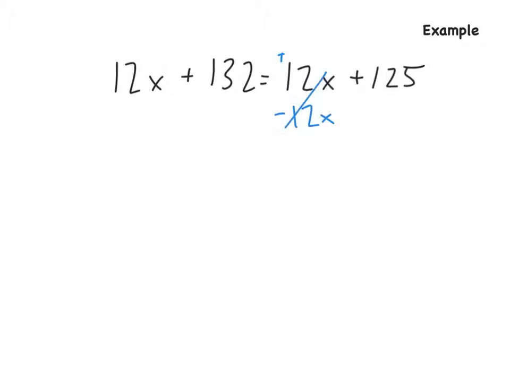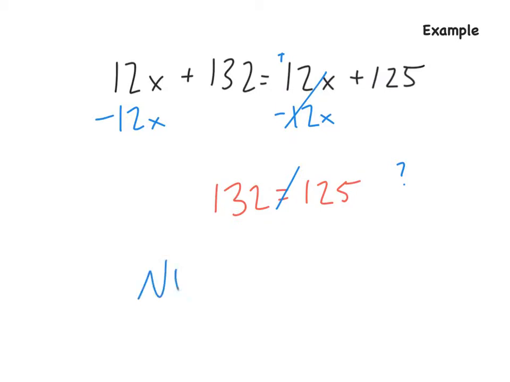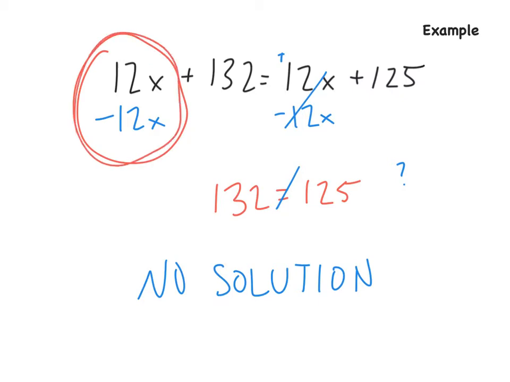So those cancel. 12x minus 12x is basically equal to 0. So all that we have left is 132 is equal to 125. Think to yourself, is 132 equal to 125? No, it is not. Thus, the answer is no solution. Yet again, if you look up at where the variables are, if they are canceling out, that means that the answer is going to be no solution.